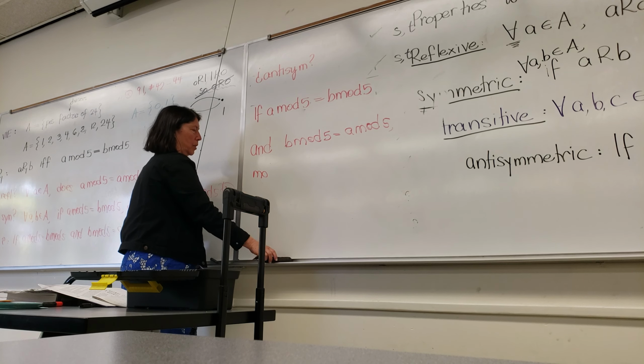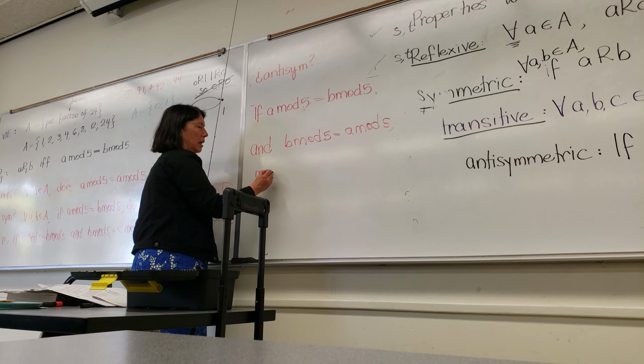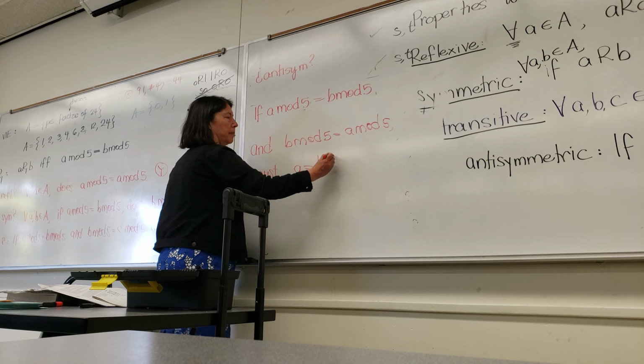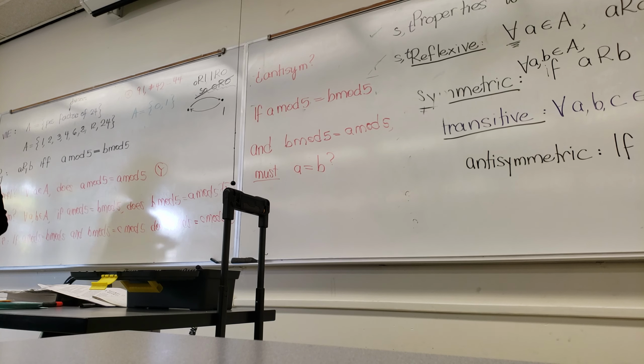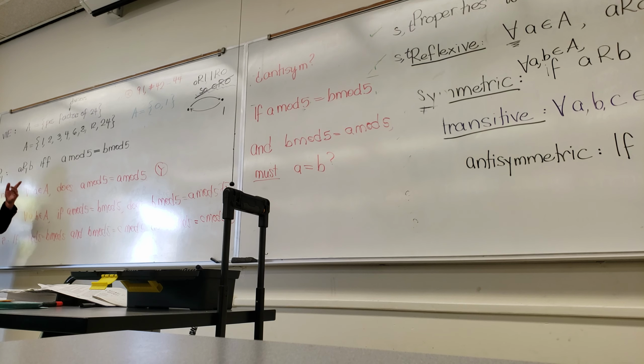Must it be the case that A equals B? No. Since all of these properties really are saying for all A and B in the set, we can come up with a counterexample.